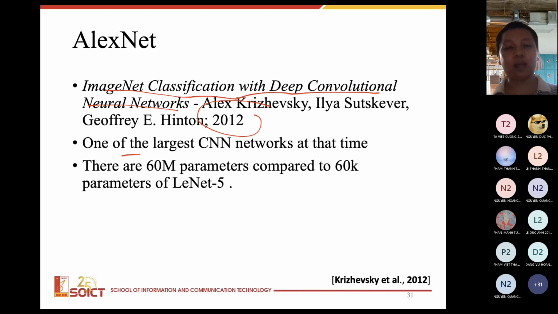This was one of the largest CNNs at that time, and that network has 60 million parameters, right? LeNet has only 60,000 parameters. This was a huge increment in the number of parameters, right?